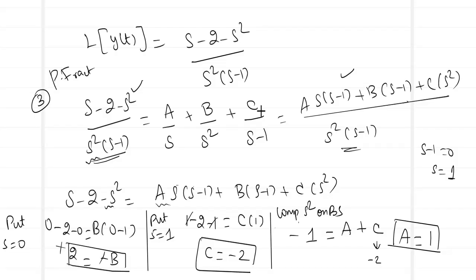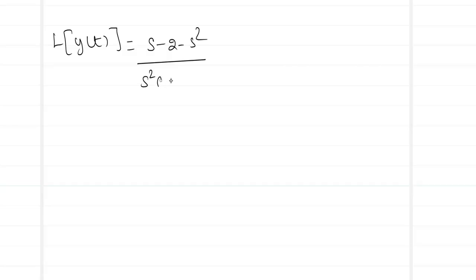Now what will be the next step? Go and fit it in your partial fraction in the positions of A, B and C. Now this is nothing but Laplace of y of t, which I had as s minus 2 minus s square divided by s square into s minus 1, which was A by s, B by s square and C by s minus 1.